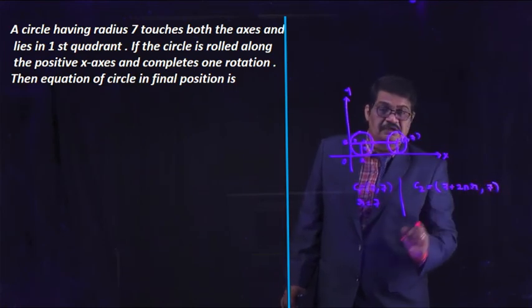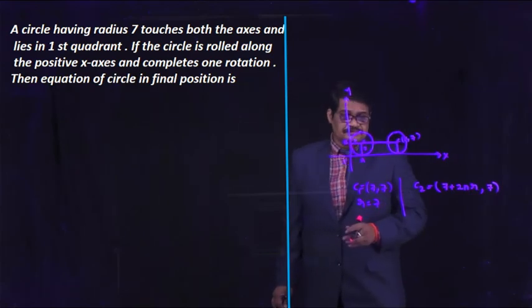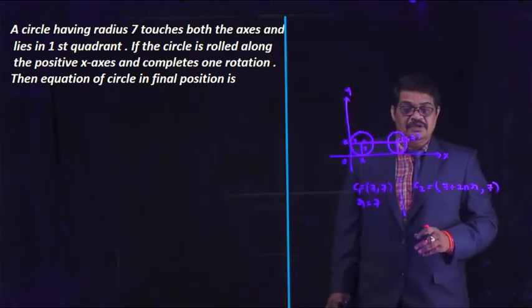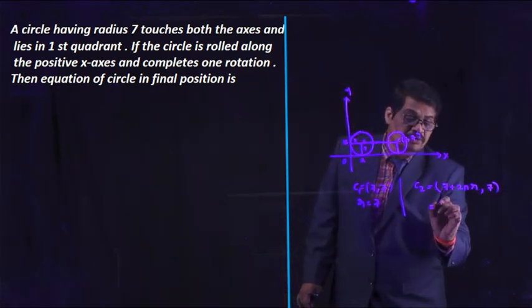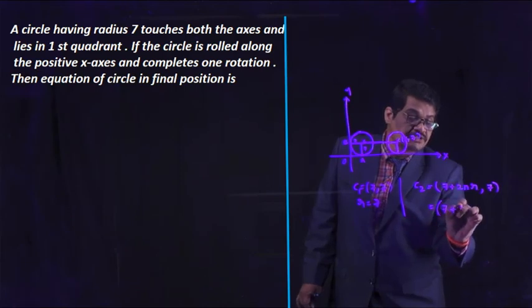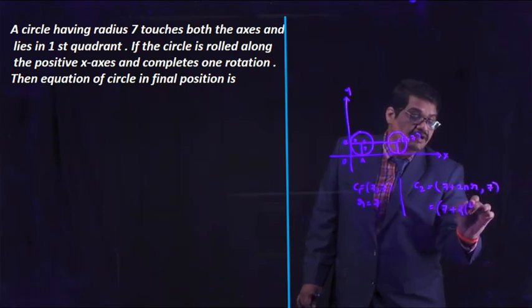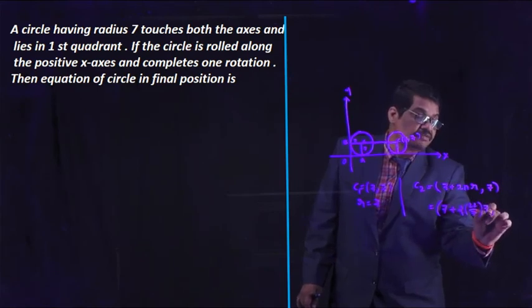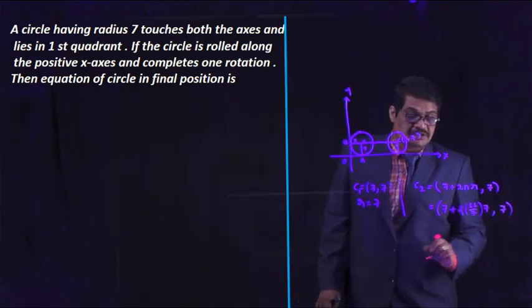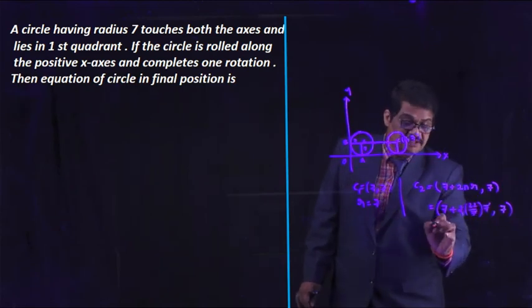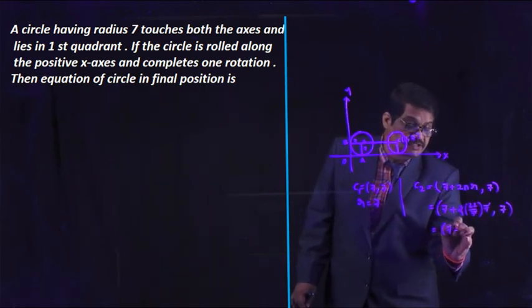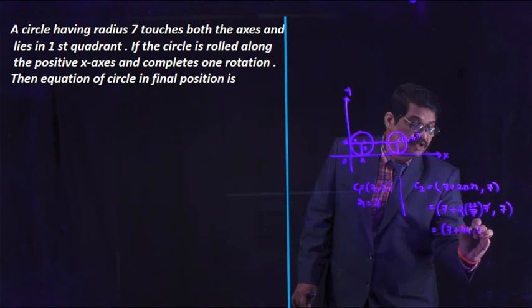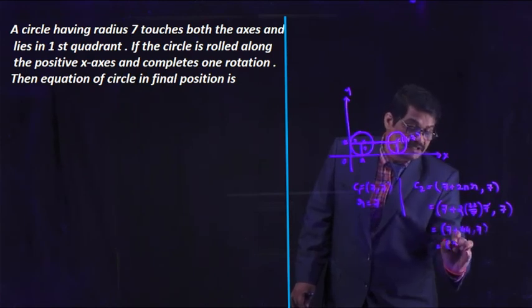This is the center of the circle at the final position, that is equal to 7 plus 2 into pi, 22 by 7, where r is 7, and the y coordinate is 7. This 7 will be cancelled. We are getting 7 plus 44 comma 7, that is the center 51 comma 7.